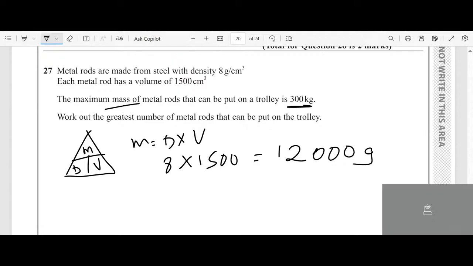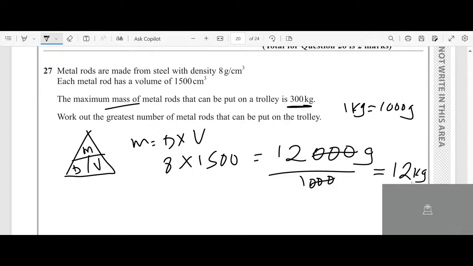That is the mass. So we can convert this mass to kilograms by dividing by 1,000, because 1 kilogram equals 1,000 grams. So we divide here to get that this is just 12 kg. So you're told that the maximum mass is 300 kg.